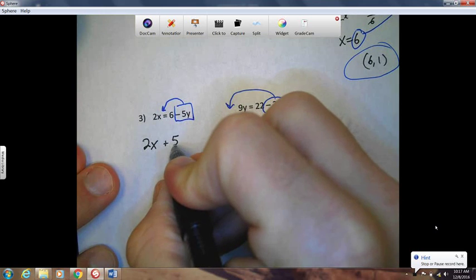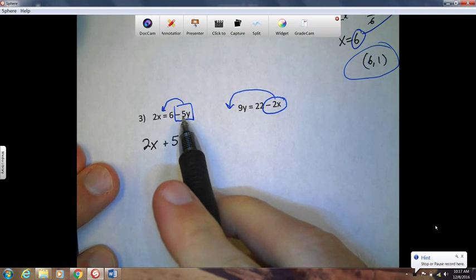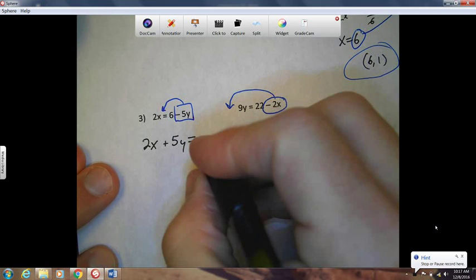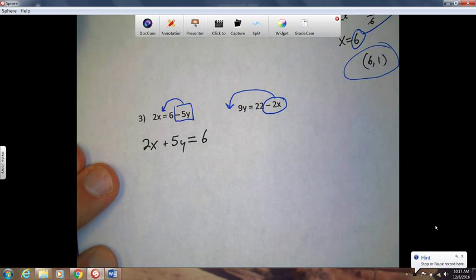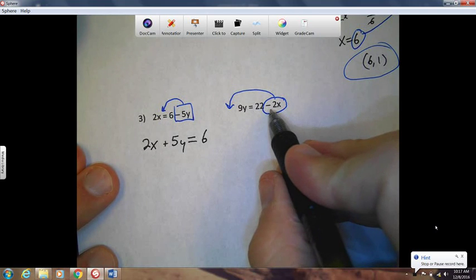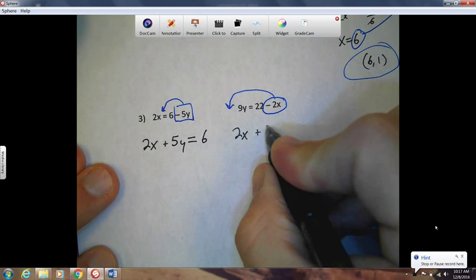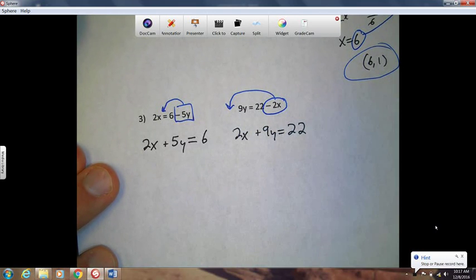It was a negative 5y, but when I change it to the other side of the equal sign, I make it a positive. And then 6 is still over here. On this one I have negative 2x, so I'm going to move it over to the other side, so I make it a positive 2x. Equals 22. So sometimes you need to rearrange first.